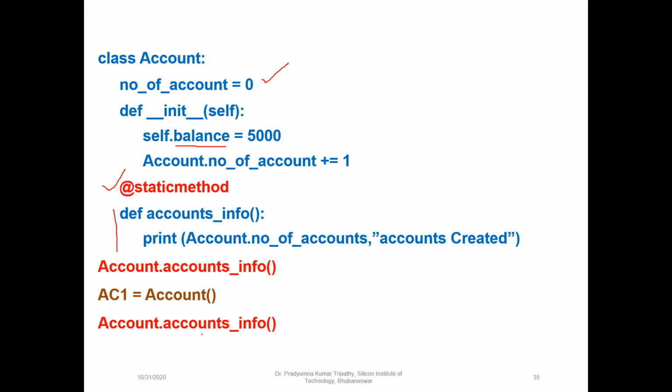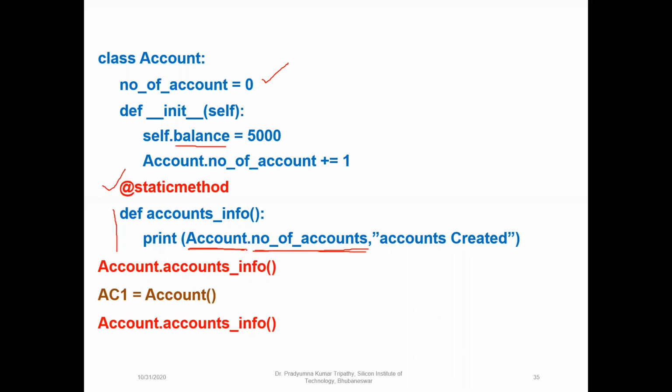And now we can see we can access this static data member or the class attribute, but we can call this class attribute by using the class name. I'm not writing an object name over here. The class name dot class attribute name.